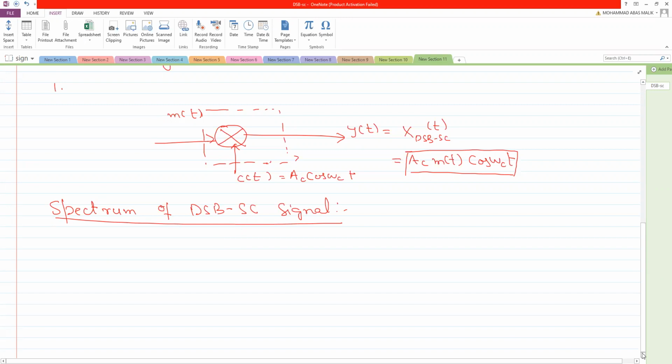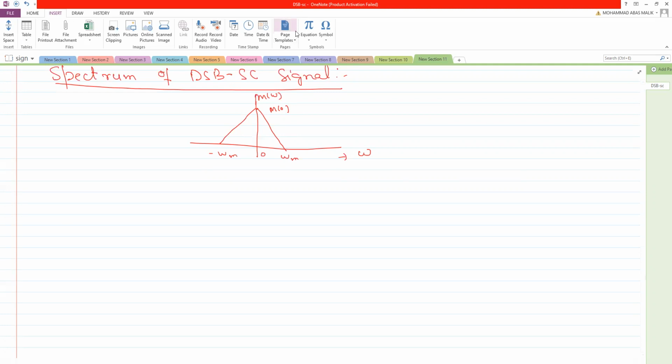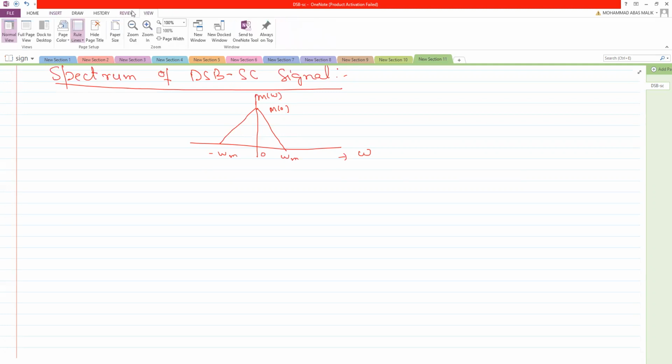Suppose this is the spectrum of a message signal. You are assuming this triangular shape, and this is your omega. Let the highest component be omega m. This is 0, this will be minus omega m, and this value will be M(0), and this is your M(omega), right? Yes, sir. Okay.